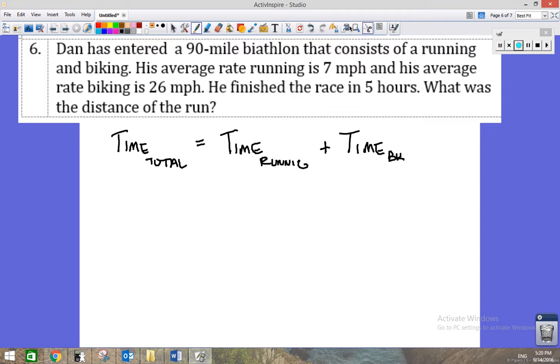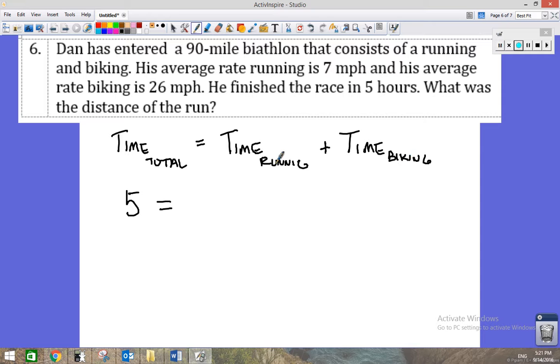So we're kind of assuming that he takes no rest, that he's always doing one or the other, there is no overlap. So the entire race took 5 hours. We're going to split that 5 hours up into the length of time running and the length of time biking.